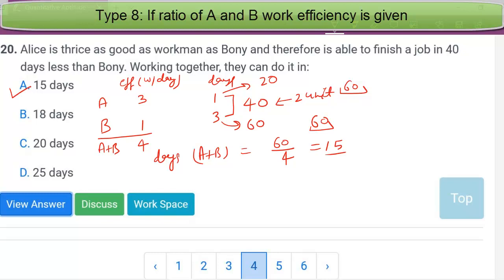For example, the efficiency of B is equal to 1, so the person whose efficiency is 1 is doing it in 60 days. So for the person whose efficiency is 4, that means A plus B combined, will do it in 60 by 4, that means 15 days.